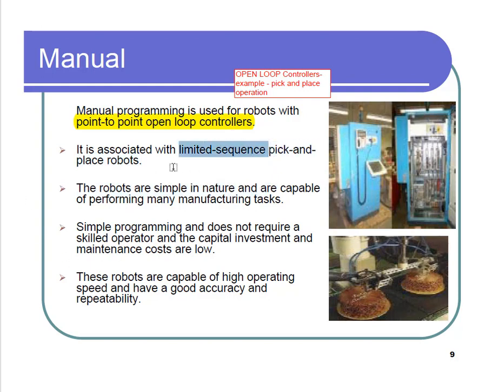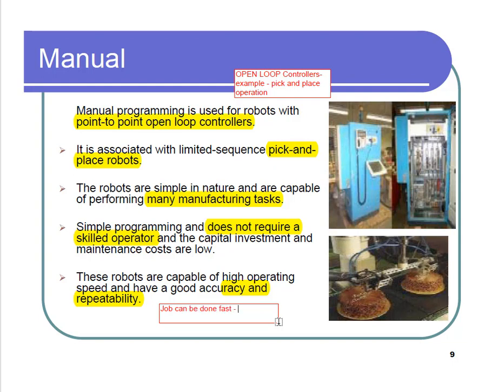The robots are simple in nature and capable of performing many manufacturing tasks. It is a simple programming and does not require a skilled operator, and the capital investment and maintenance costs are low. These robots are capable of high operating speed and have good accuracy and repeatability. Since this is a simple movement, the robot can do the job very, very fast because it is a repetitive movement from one point to another point, and coming back again to that particular point.